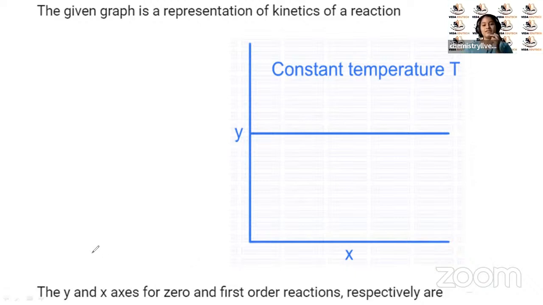Okay, so there's a graph given here. And what is being told here? It is told that the y and x is for zero and first order reaction. Here we can see that y is independent of x.